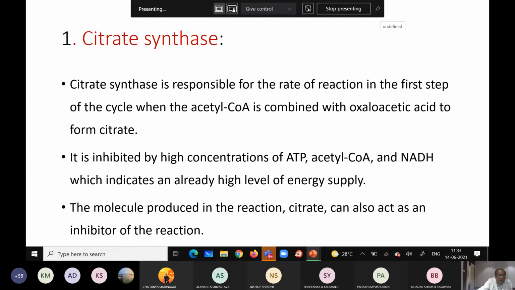And the citrate present in the reaction can itself act as an inhibitor of the reaction. So at the level of citrate synthase, the reaction gets regulated by indicating the formation of a high concentration of ATP, so that the further reaction steps will be inhibited.